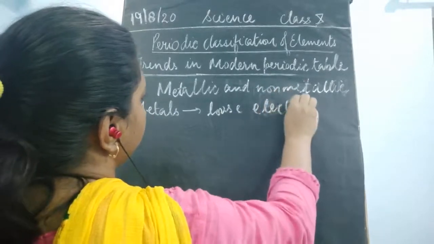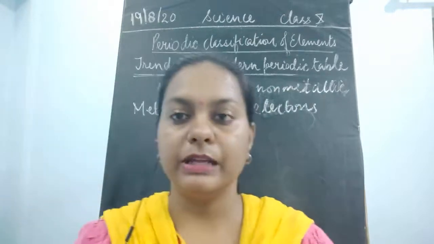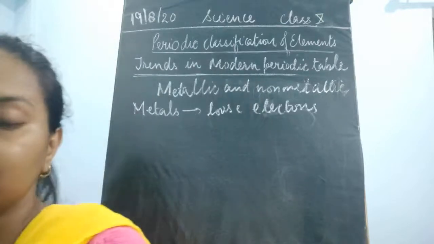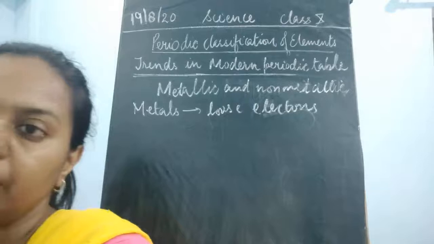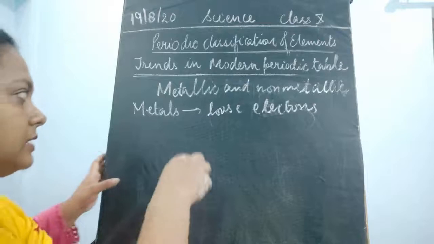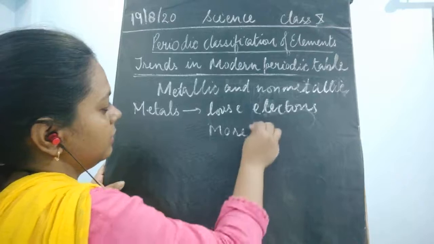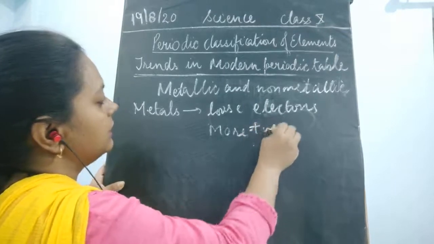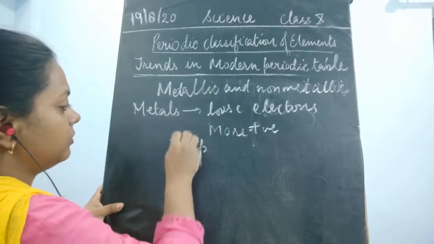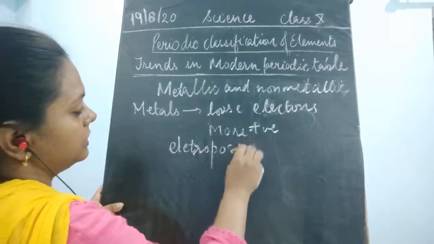When these electrons are being lost from the atom, what happens? Then the nucleus will only be left with the protons, with only the positive charge. So whenever the electrons are lost, more positive charge is left, which makes this atom electropositive.